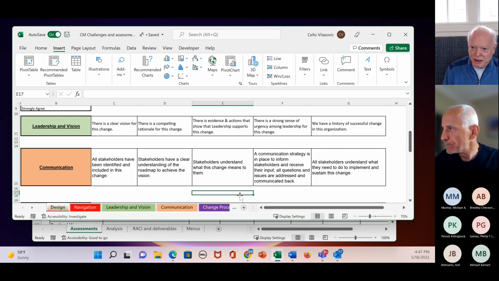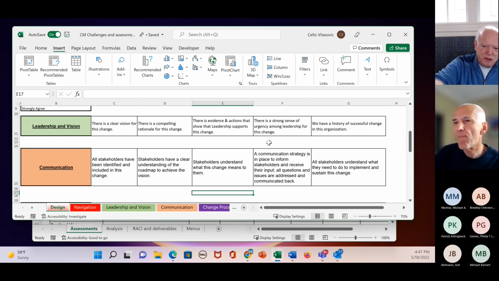They may understand what it's about, and Cello will get to a report that comes out of this that will allow you to see what the gaps are. If you find that you strongly disagree with the statement that you understand and you're prepared to go, then you need to spend more time on it and figure that out. But hopefully a lot of these things would have been covered in the pre-work that you've done leading up to this readiness tool.